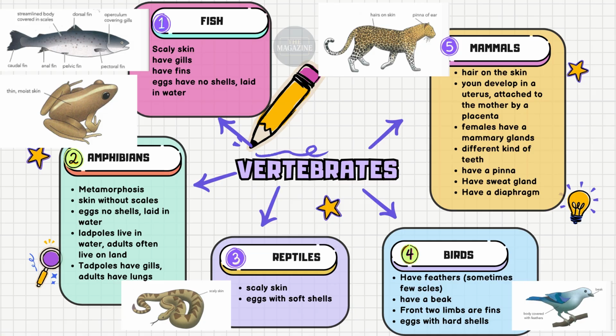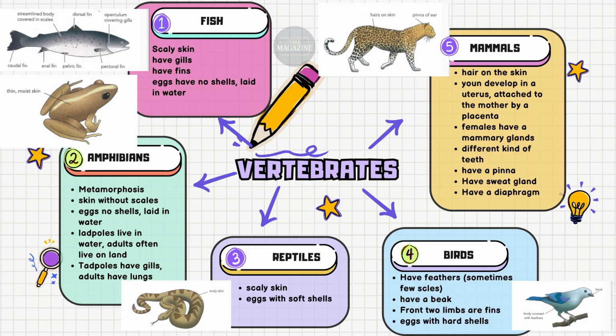This slide shows the main groups of vertebrates. Before moving to that, I will explain what vertebrates are. The animal group we can divide into two parts, vertebrates and invertebrates. Invertebrates don't have a backbone or vertebral column.